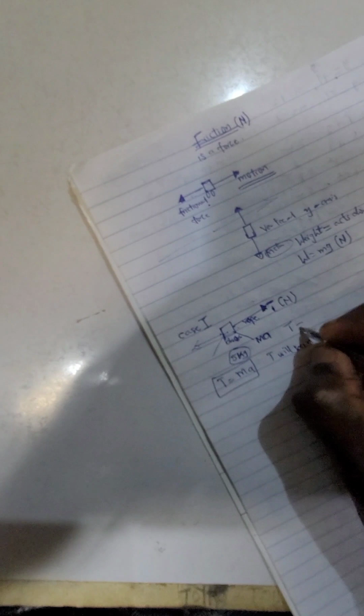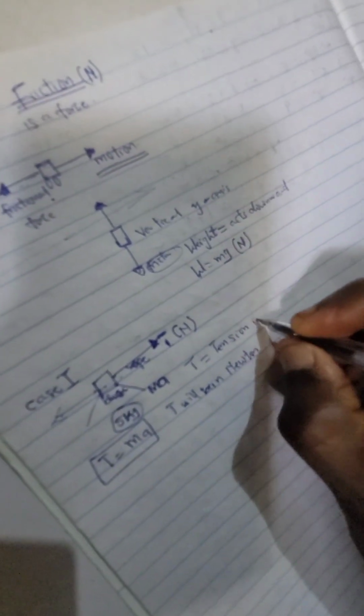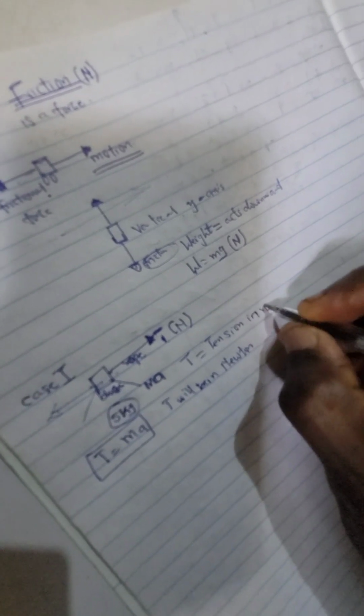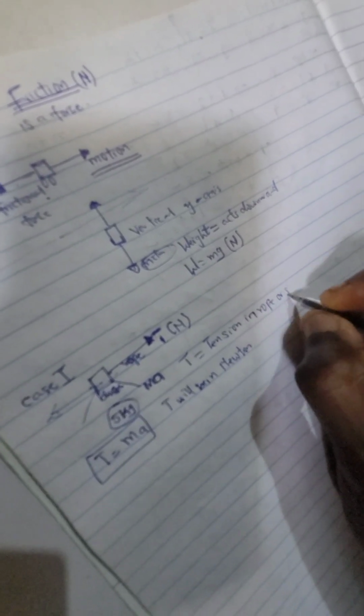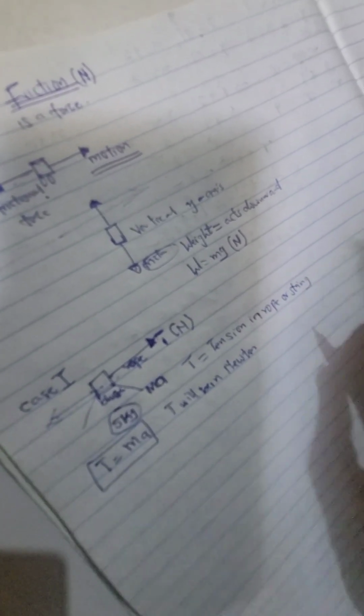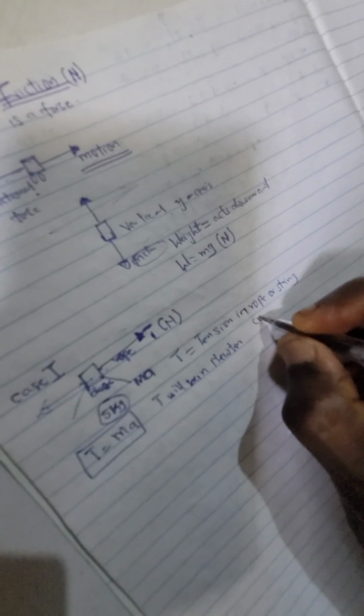You call this T, which equals what? Tension in a rope, or string, or cord, and many other things. I hope you understand this.